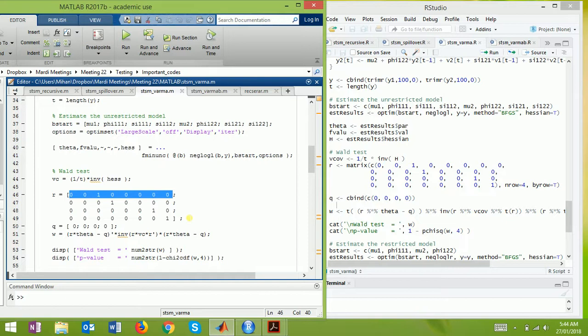So n squared is 16 multiplied by, we have 2 autoregressive parameters, which is 2 p's. So 32.